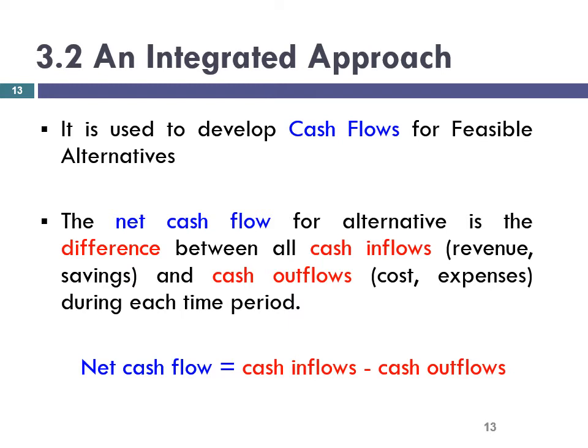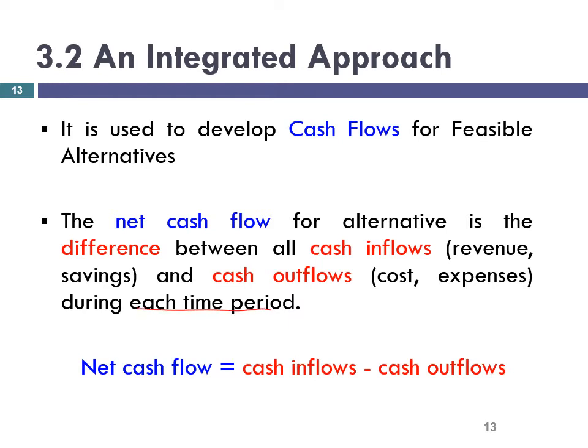A net cash flow for an alternative is the difference between all cash inflows, meaning revenue or savings, where you are earning money, and cash outflows, which are costs or expenses that you are paying out during each time period.